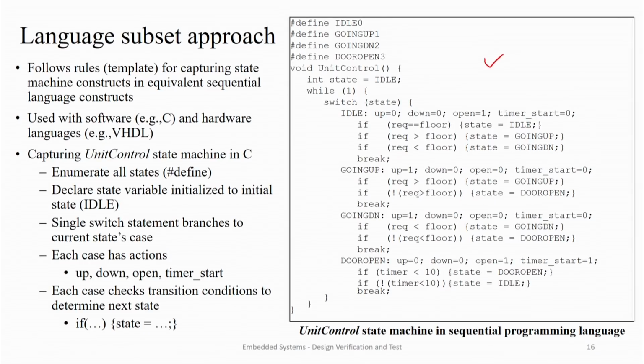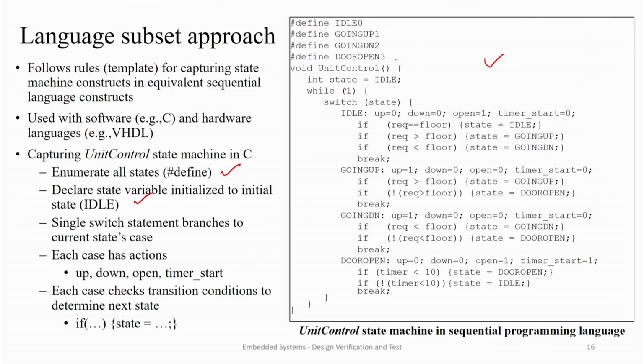In this, we first enumerate all the states through hash defined constructs. So, the state idle is hash defined, enumerated as 0, going up is 1, going down is 2 and door open is 3. Then you declare a state variable initialized to the initial state.